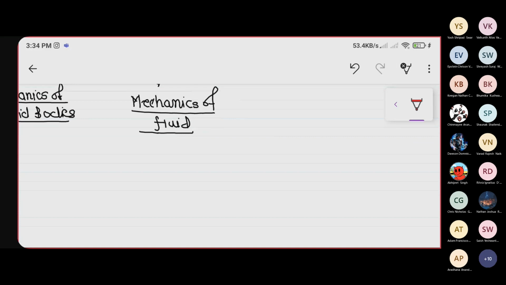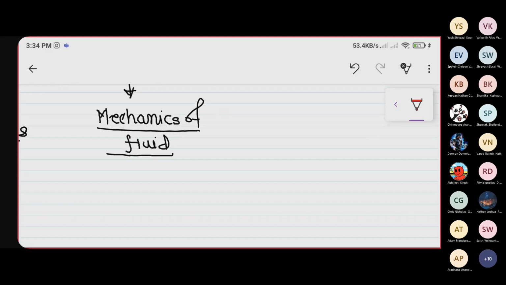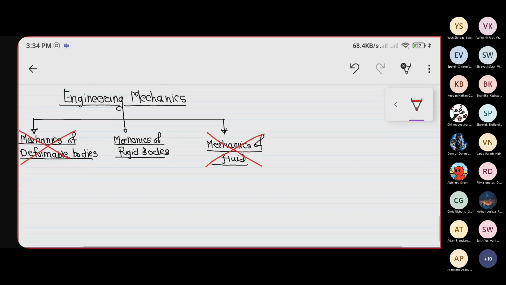Next, the third, mechanics of fluid. Here also you are not going to study any fluid in this chapter or in this subject. This is also a core subject for the mechanical engineer, so you are not going to study this.